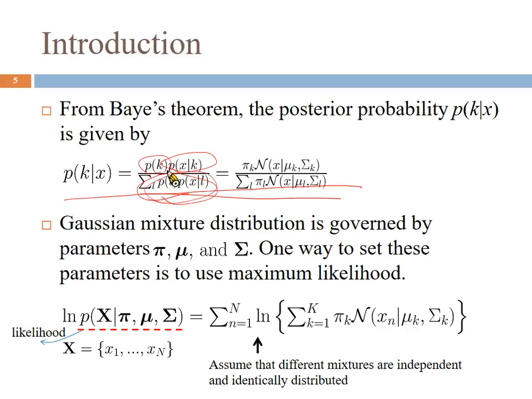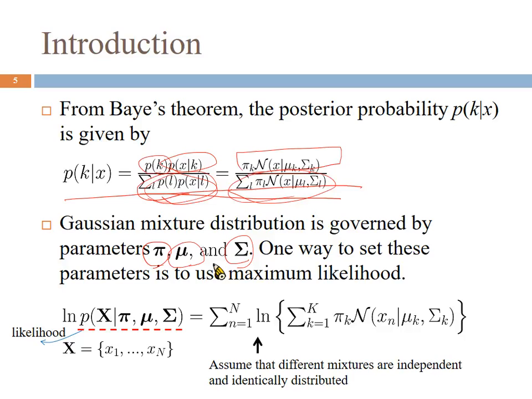And right now, p(k) times p(x | k) is modeled by pi k times a Gaussian, the k-th Gaussian, and the denominator is the total probability. So the Gaussian mixture distribution is governed by the parameters pi, mu, and sigma.